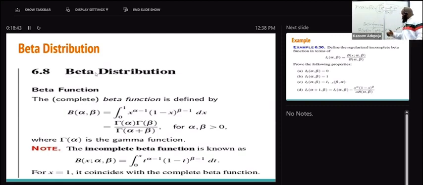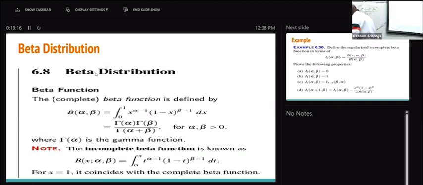Using the beta function here, if this is 1, then the numerator is also going to be B(alpha, beta), and the B's cancel out, and it is 1. That is if x is 1. But this time around, we're not going to 1. We actually want to truncate at a particular point x, and that x is less than 1, so that's going to be incomplete.